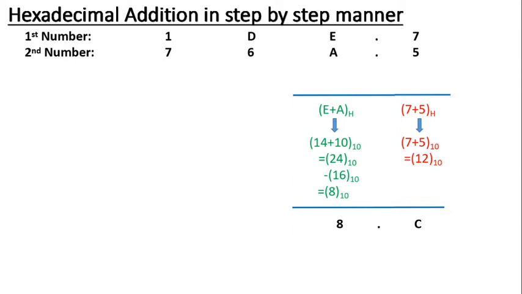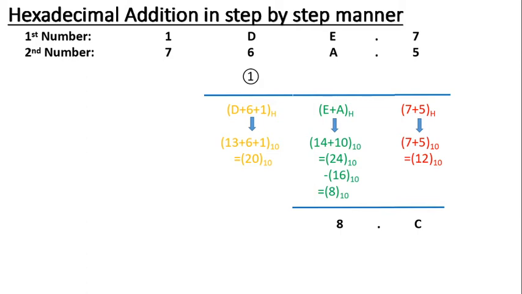It means D plus 6, the next digits, are to be added together along with the internal carry bit 1. So here is that corresponding step. The internal operations are shown in yellow color: D plus 6 plus 1, the respective digits are added along with the internal carry which has just been forwarded.